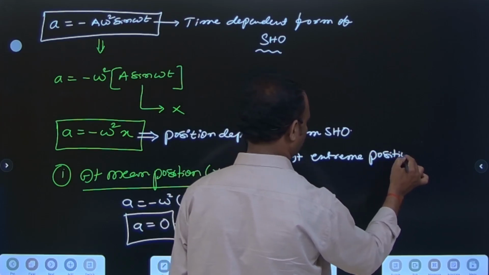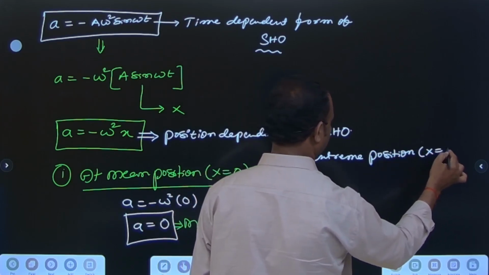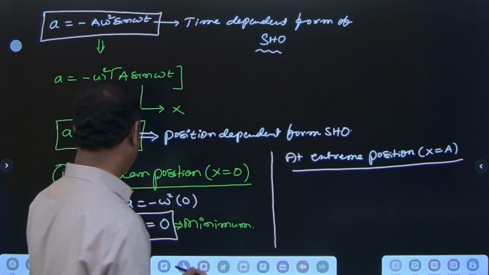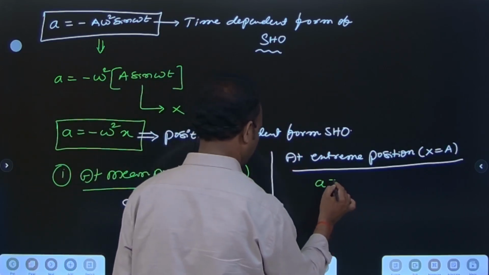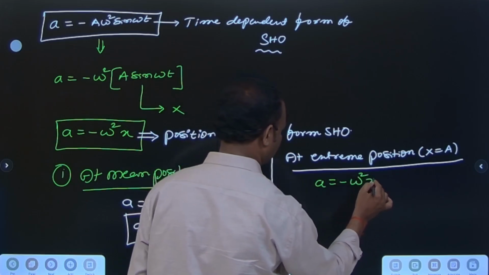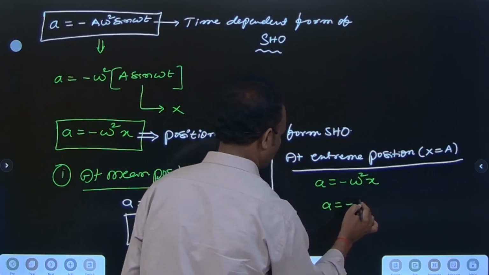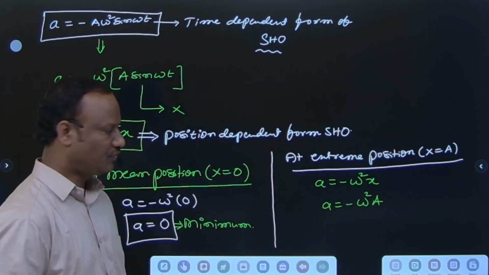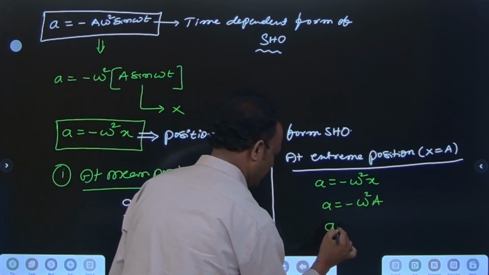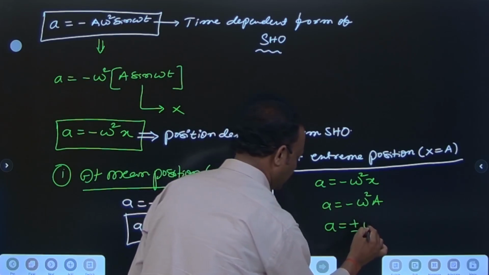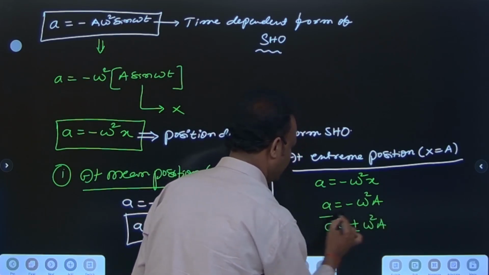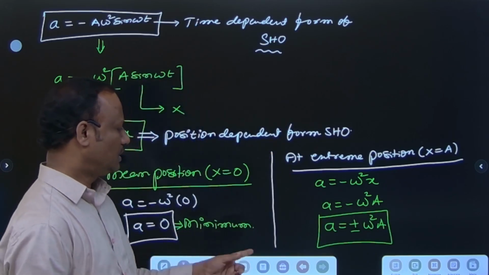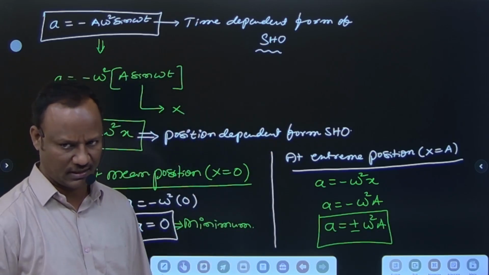If you speak about extreme position, x is equal to A. So a is equal to minus omega square x, a is equal to minus omega square A. For better understanding, we can write from now onwards plus or minus omega square A, the acceleration of a particle in SHO.